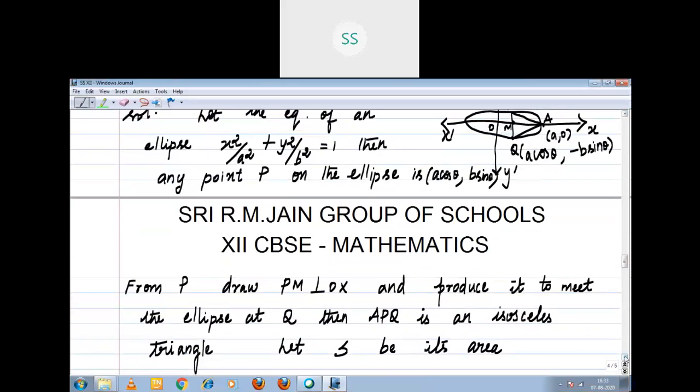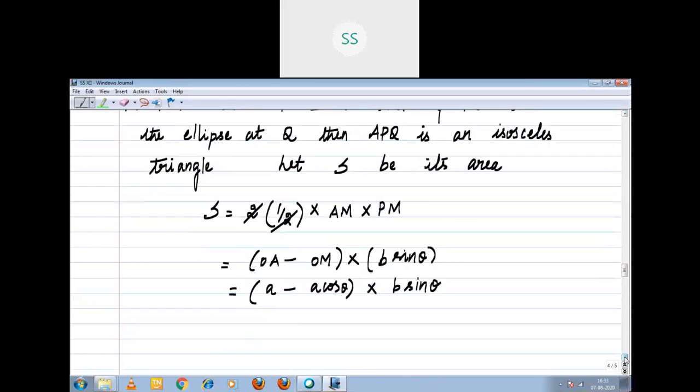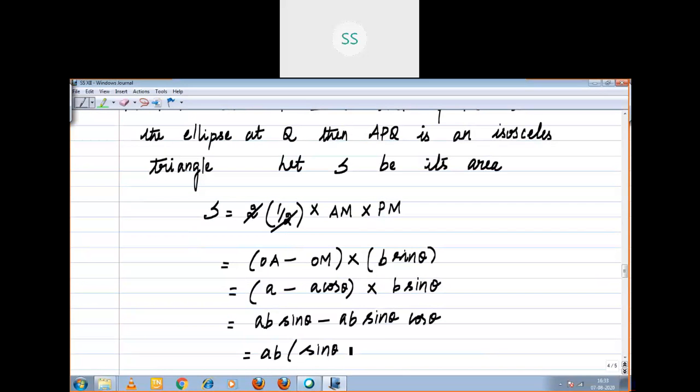Now, we are going to multiply: ab sin theta minus ab sin theta cos theta. In both terms, ab is common. So sin theta minus, here I am going to modify the format.